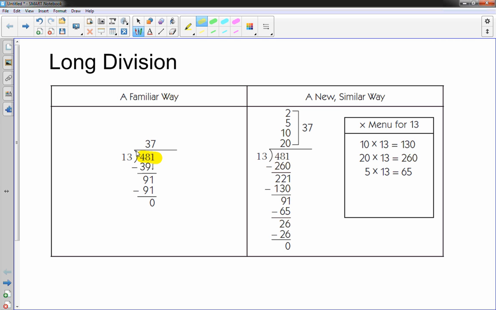And on the right side, what we're doing in class right now is taking 481, dividing it by 13, and getting equal parts. It's just a little bit different, but hopefully you arrive at the same answer, which is perfectly fine. So let's get started.